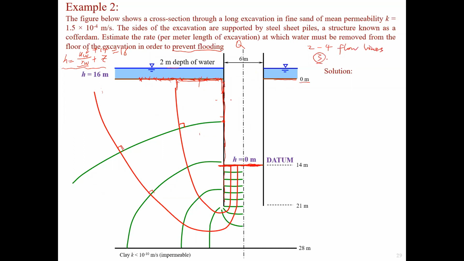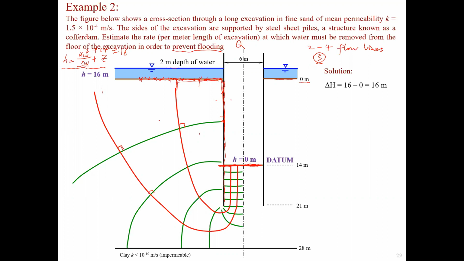For the majority of cases, you just plot 3 flow lines, which is already sufficient. Otherwise, if you plot 4 or 5 flow lines, you have to plot the same amount of equipotential lines, which really takes more time, and you need time to refine the mesh or the element.